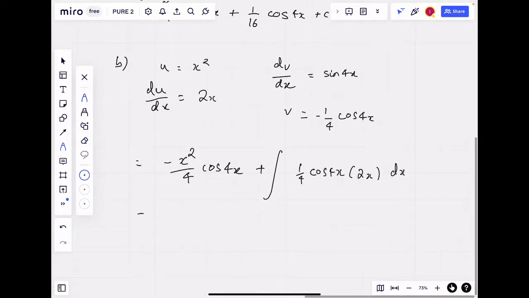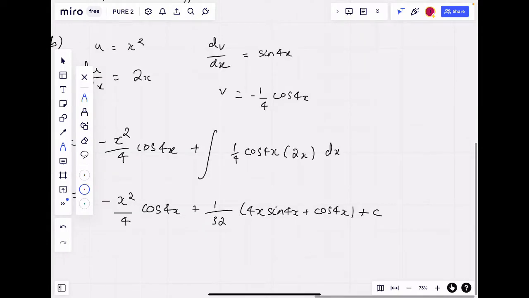Okay. After integrating, you would get this: 1 over 32, 4x sine 4x plus cos 4x plus c.